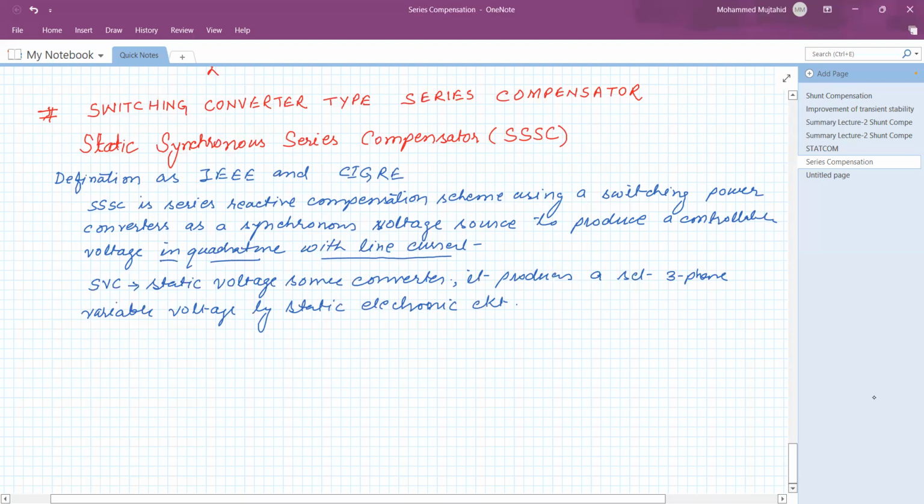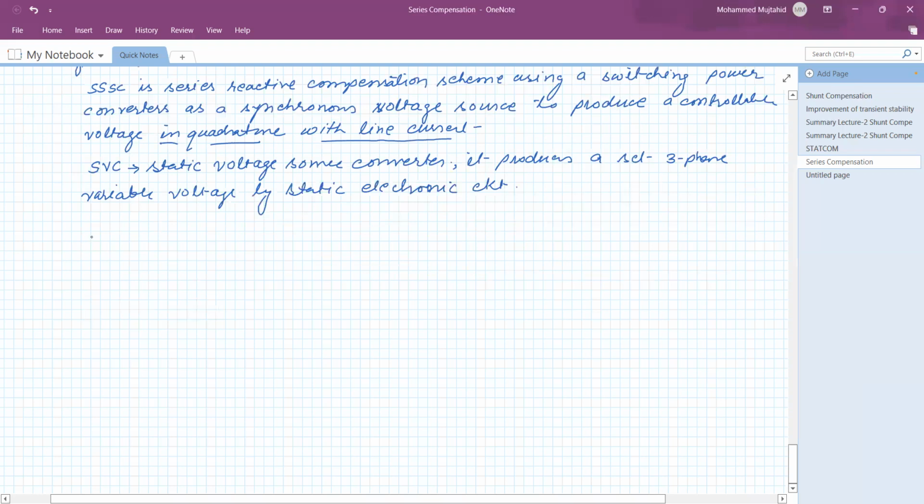So what would the diagram be? Say this is the line current, or this is the transmission line, and with the help of a static voltage source converter and a coupling or injection transformer, it is possible to inject the voltage in quadrature with the line current.